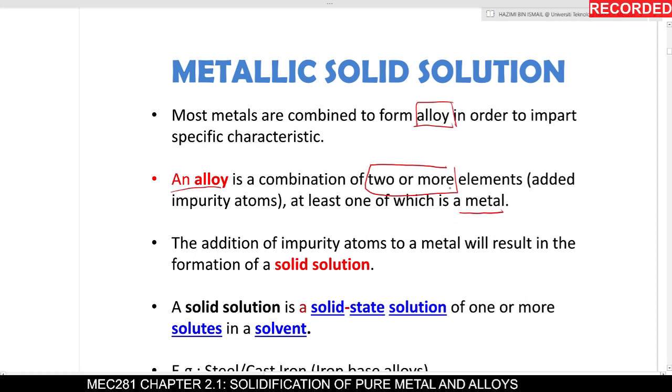If two of those elements are not metal, then it is not alloy. It is just a composite. Okay, alloy is only specific for the metal combined with other elements. Other elements also can be metal elements or not. So there is the combination of two or more elements where at least one is a metal element, so that we can call it alloy.